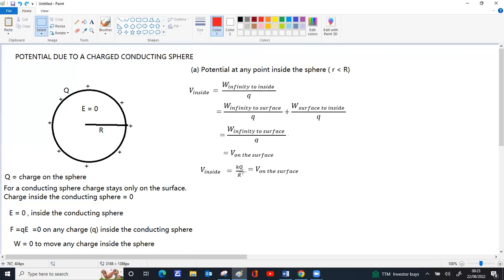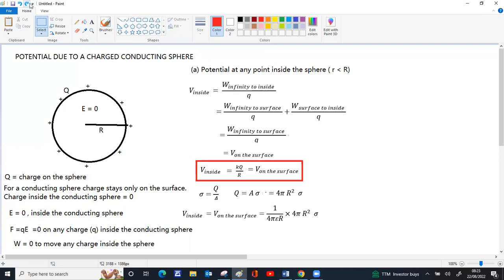So this is in terms of charge and the radius. If we change to surface charge density, charge by area is surface charge density. So charge can be surface charge density into area. Area of the sphere is 4 pi r square. So if we substitute 4 pi r square sigma instead of q, and k as 1 by 4 pi epsilon, the potential inside, which is the same as on the surface, will be 1 by 4 pi epsilon into 1 by r into 4 pi r square sigma.